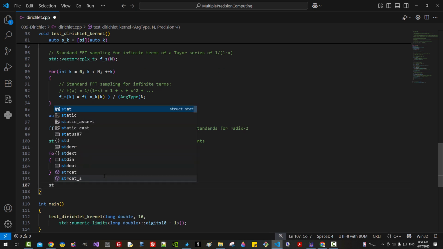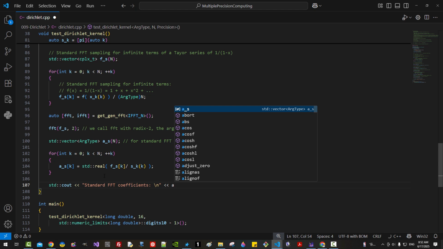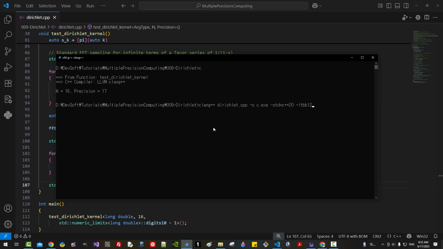Now std::cout the standard FFT coefficients a_s and l. With this, we build again. CLSC.